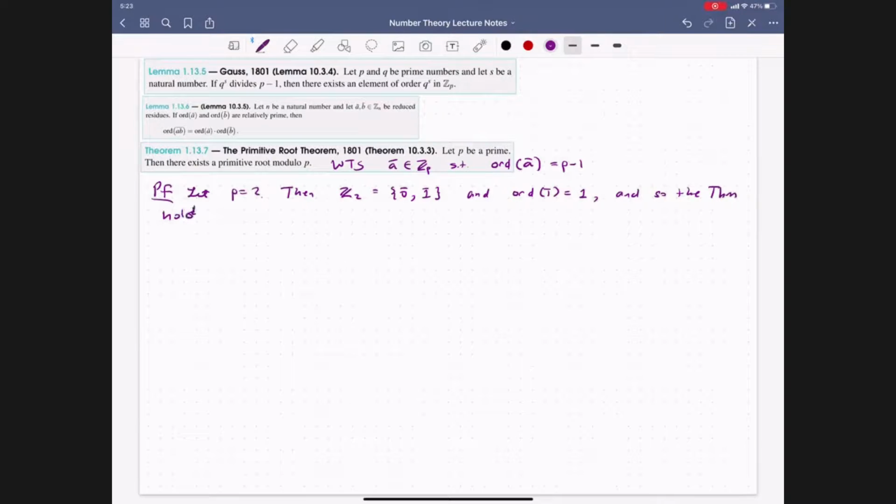So we've done one part. So now we can go ahead and suppose that p is odd. I'll write this below. P is odd.